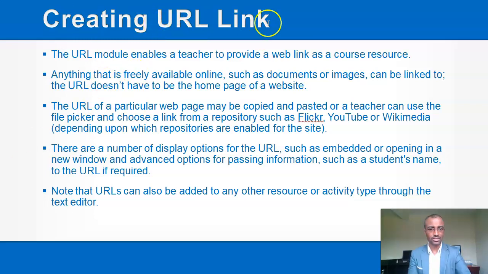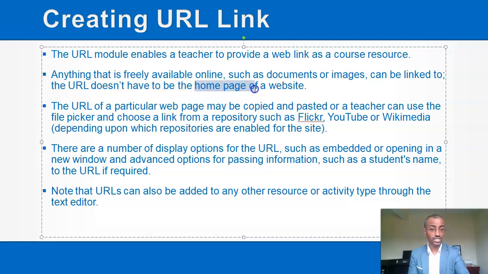For example, under URL, a URL module enables the teacher to provide a web link as a course resource. Anything that is freely available online, such as documents and images, can be linked to a URL. It could be the home page or some other page.